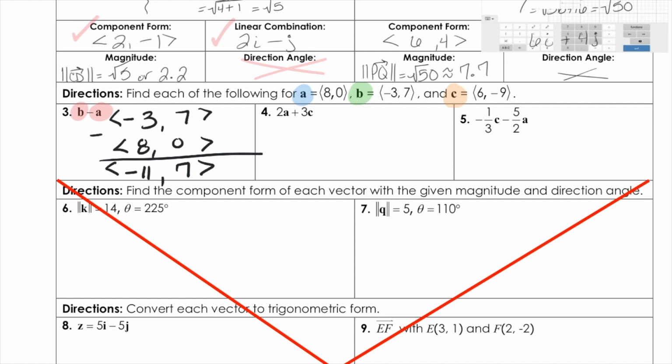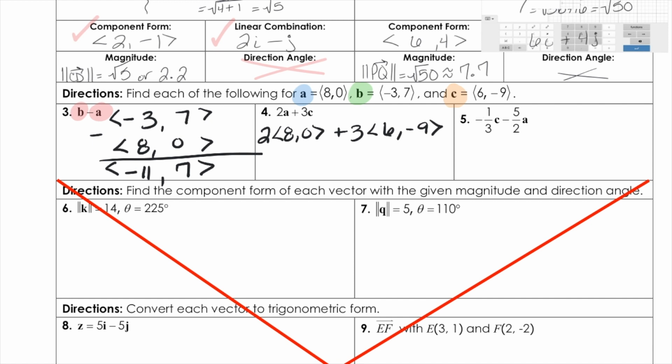If you have to scale them up, like in example number 4, it is asking for 2 times the vector a plus 3 times the vector c. You have to scale them up before you can add them.